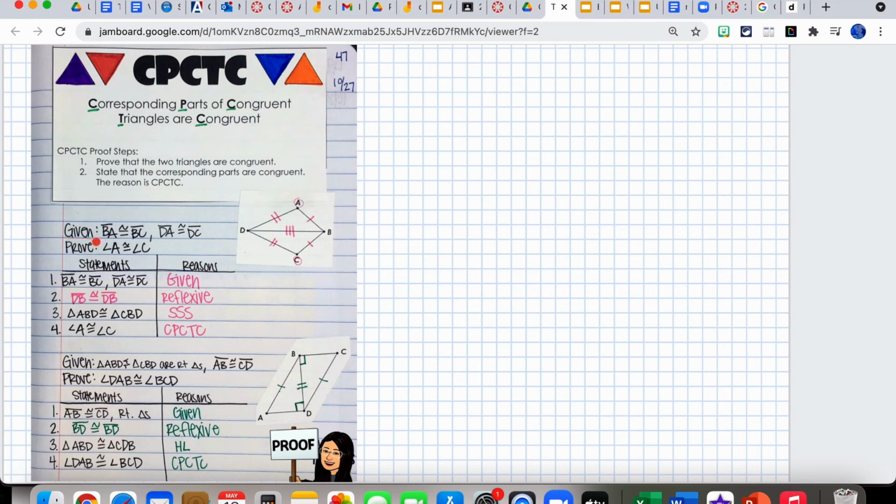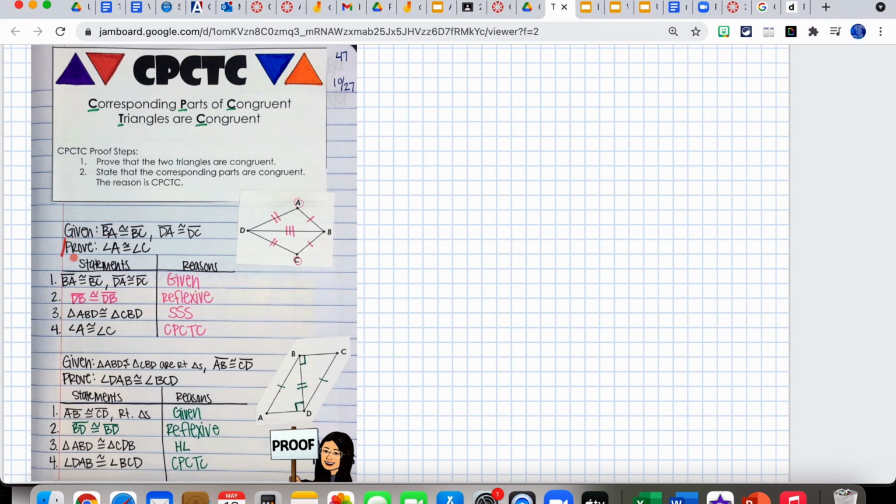When you are given a proof, the first thing you want to do is make sure you list out all your givens, and the given will just have the reason given. We write the statement on the left, we write the reason on the right, and anytime that you see something from the problem itself, we just claim it given.